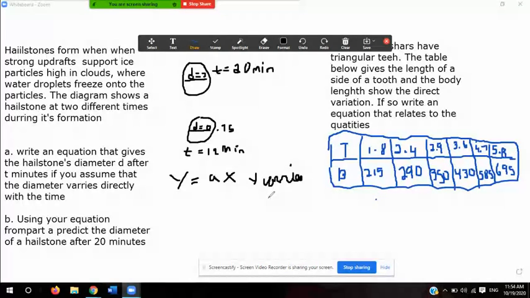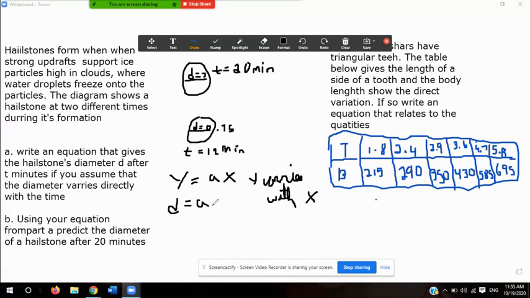So what I'm going to do in the first part is just plug in the values into the equation, because it says y varies directly with x. They're saying here that the diameter varies directly with time, or we're assuming that. So y is going to be d for diameter. a is my constant of variation, which is what I'm going to look for.